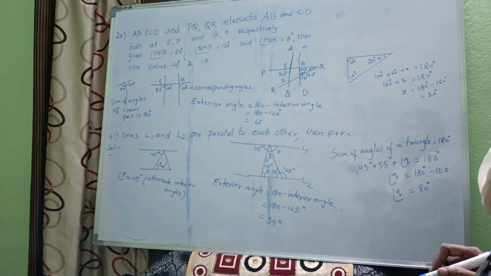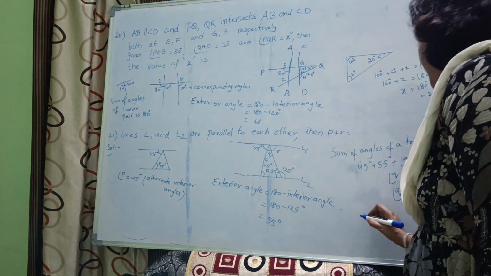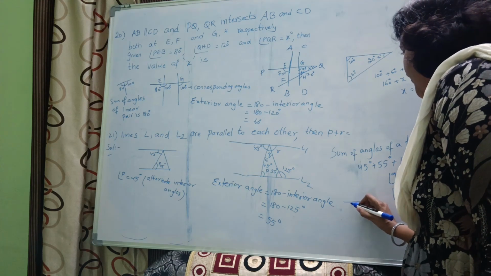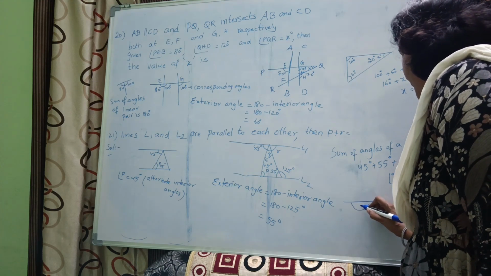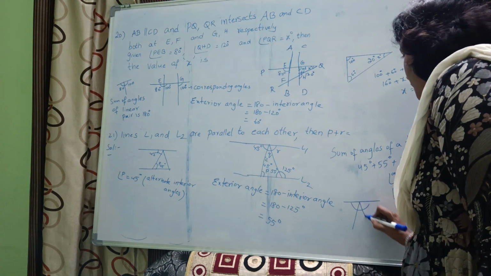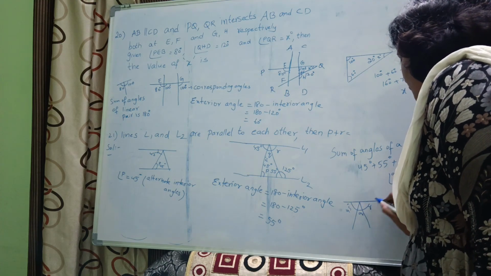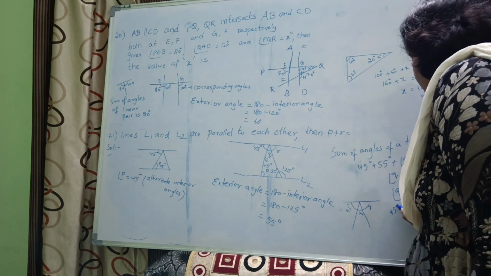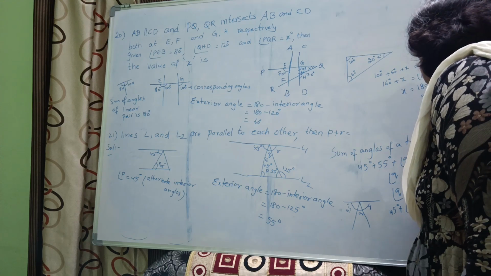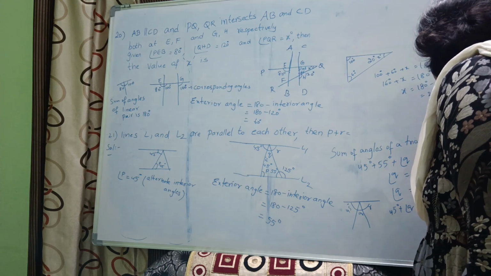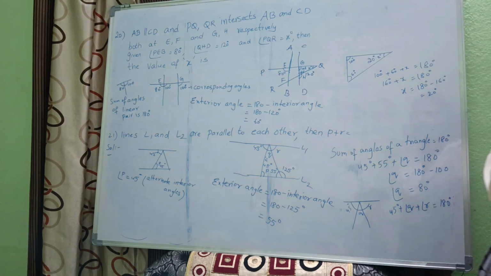Now what we need to find is angle R. Listen, here it looks like a straight angle. 45 degrees, Q, R, it looks like a straight angle. So 45 degrees plus angle Q plus angle R is equal to 180 degrees.